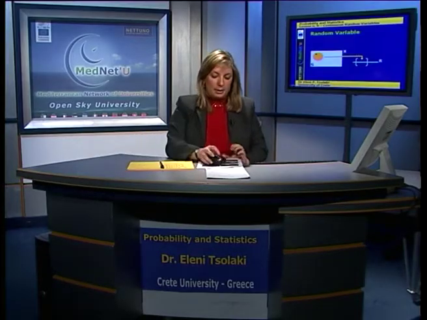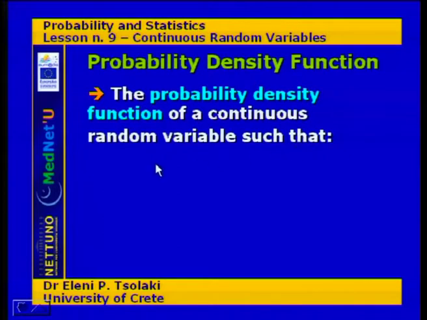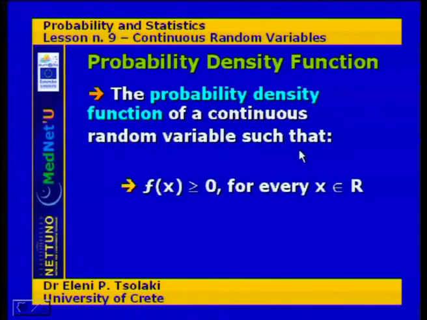Let's go back to define the probability density function for a random variable. So the probability density function of a continuous random variable will be a function f such that it is greater or equal to 0 for every x in R. The integral of f(x) dx from minus infinity to infinity should be 1.